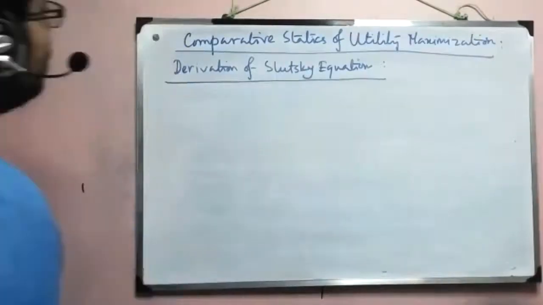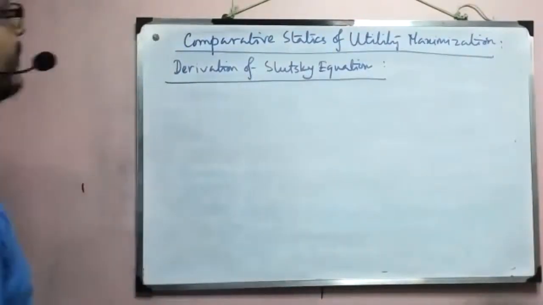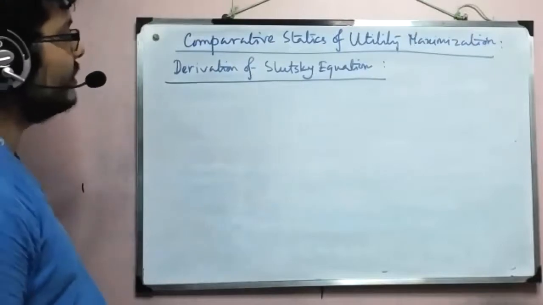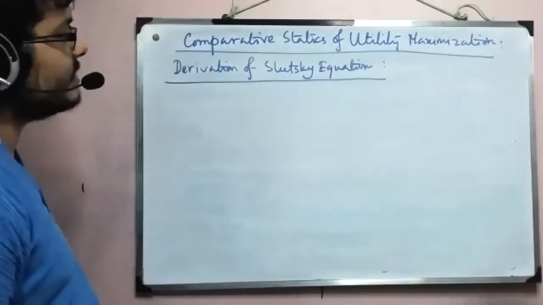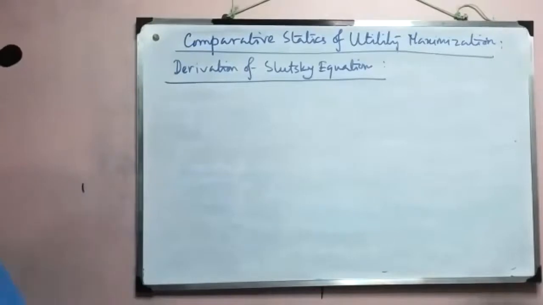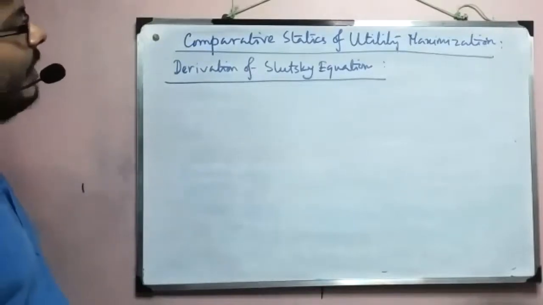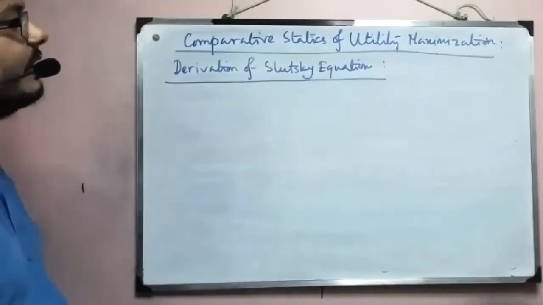Okay, so after finishing the second order condition of constrained optimization, we are now going directly into the comparative statics of utility maximization.